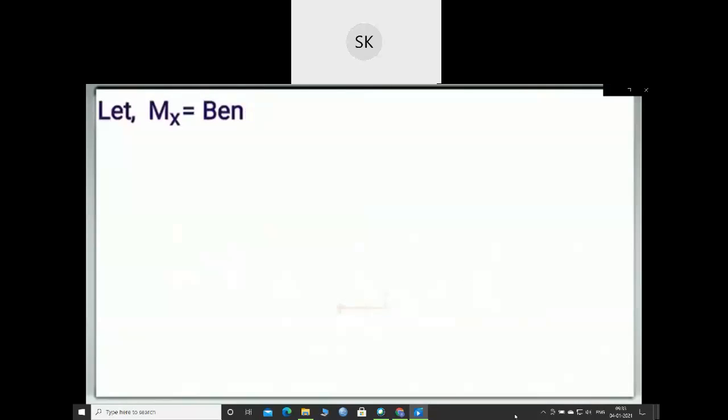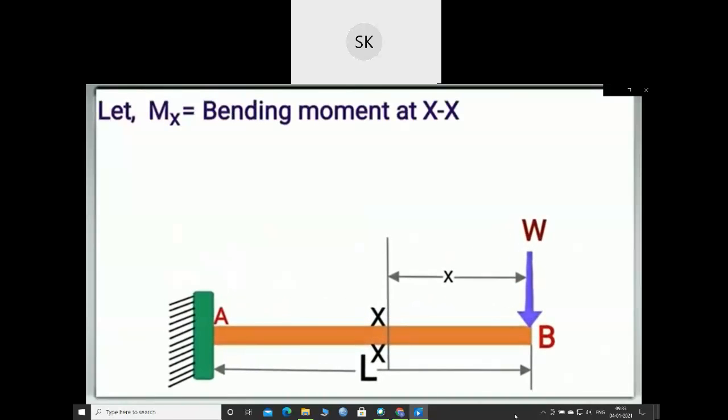Let Mx be the bending moment at section XX.